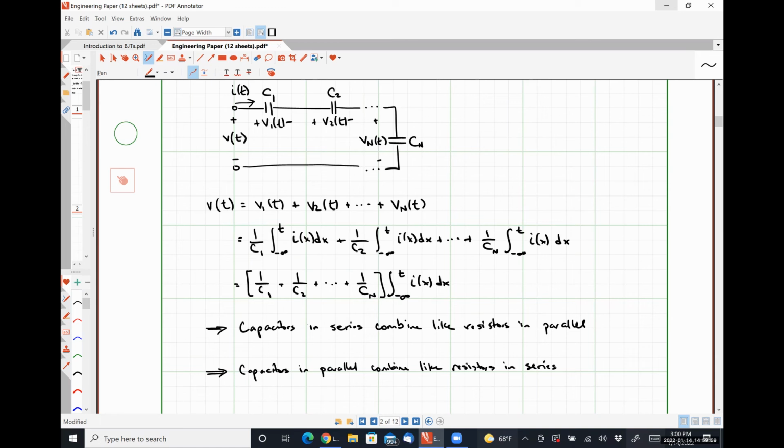So even these combination relationships are the same but inversely related. If what we covered regarding inductors made sense on Wednesday, everything here regarding capacitors should be equally as easy to follow because it's literally the same relationships, except that the I's and V's are switched.